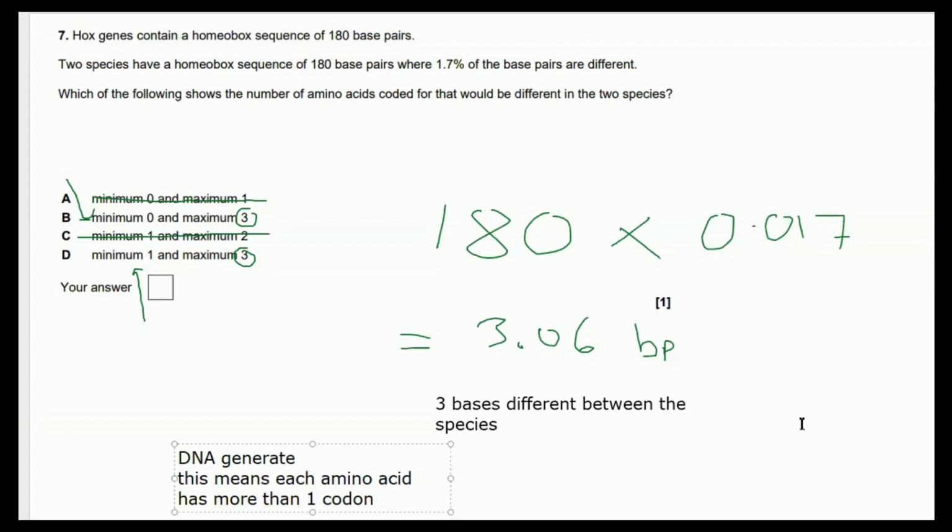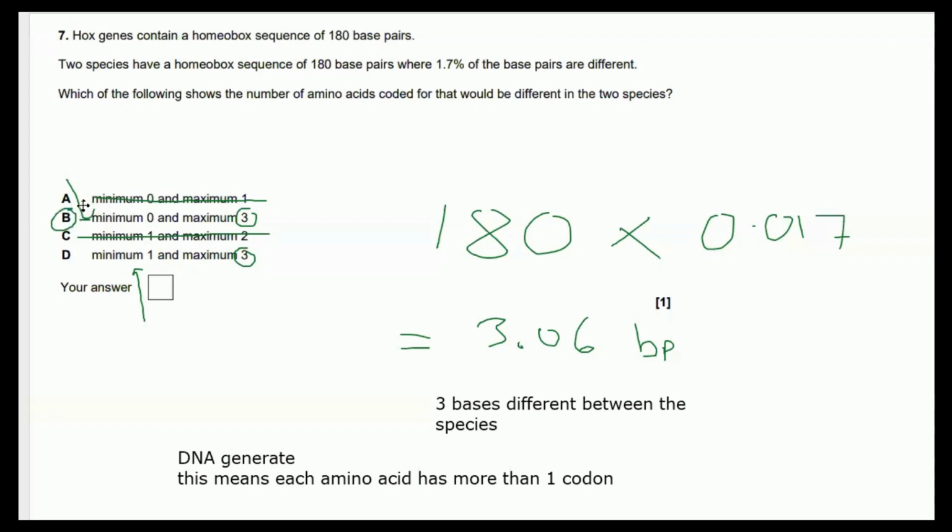So although I might alter a base from, say, GGC to GCC, it doesn't necessarily code for a new amino acid. So actually, although the 3 bases have altered, there might be absolutely no mutations and no different amino acids. So the answer is going to be B, because the minimum will be 0.